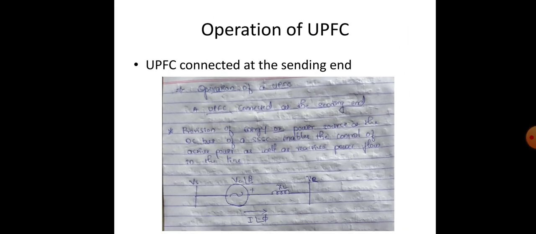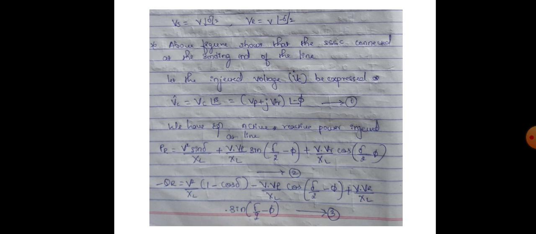Starting with the sending end voltage, VS is equal to V at an angle of delta by 2, and the receiving voltage VR is equal to V at an angle of minus delta by 2. And the figure, the single line diagram, shows the UPFC connected at the sending end of the line. Let the injected voltage be VC.